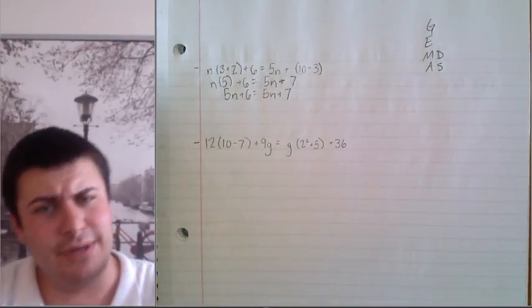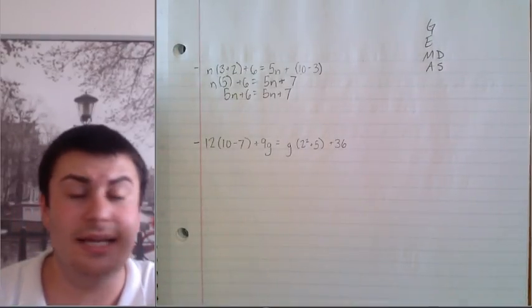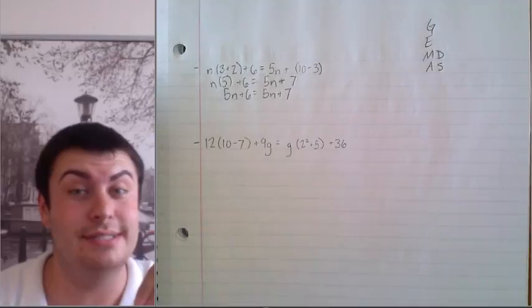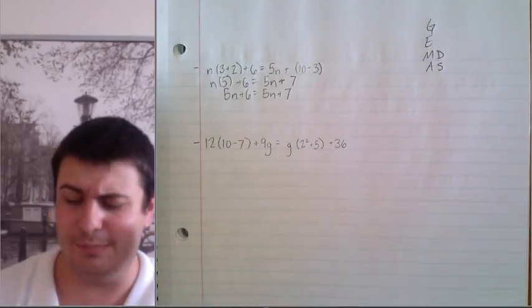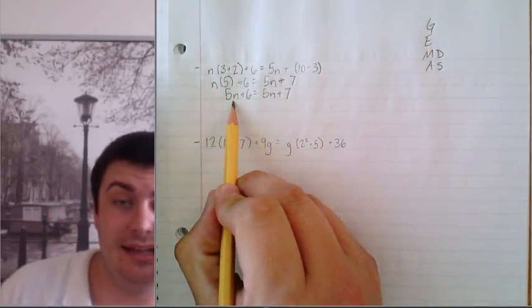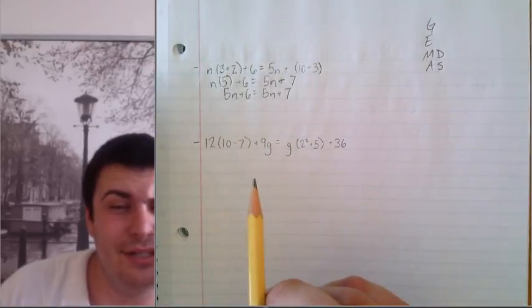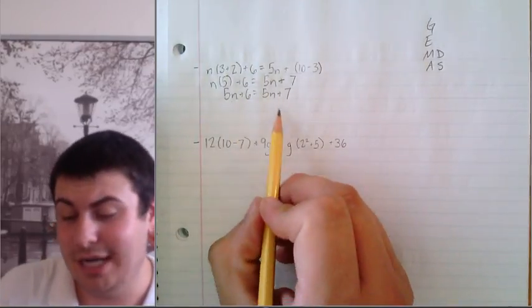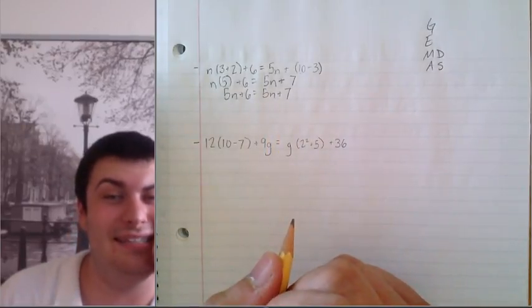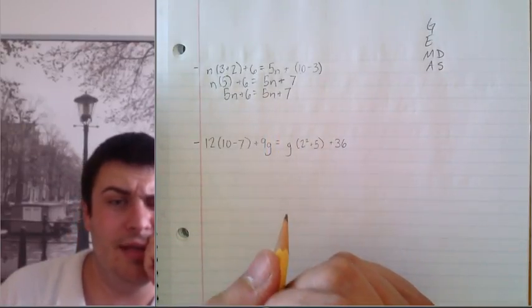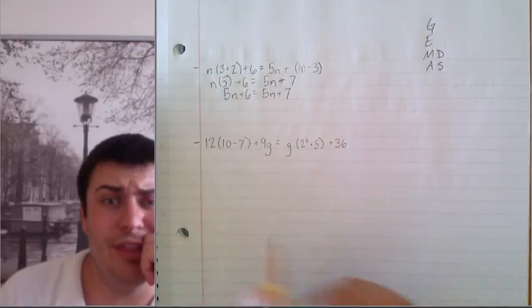Let's do a little bit of critical thinking here. Because we can't move things from one side of the equal sign to the other, what can we plug in for n that, if we multiply it by 5 and add 6, is going to equal taking that same number, multiplying it by 5 and adding 7? If you think about it, there's nothing.